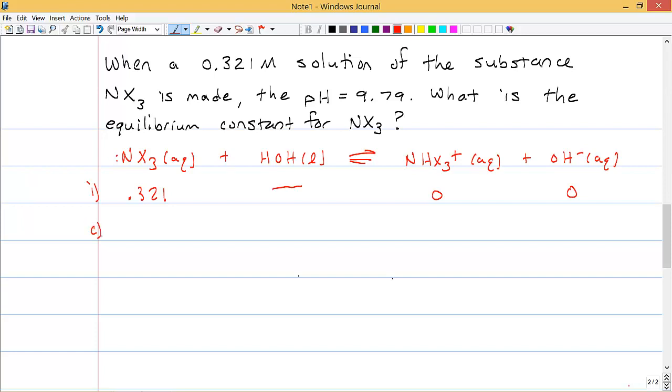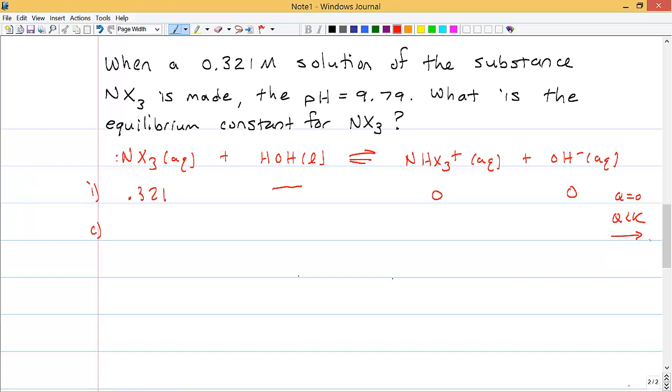So when we look at this, the change is going to have to be dictated by thinking, well, heck, the Q is equal to 0. And no matter what the K is, Q is less than K, because 0 is less than whatever the equilibrium constant. So we're going to have to shift to the right. There's no way you can shift to the left anyways, because there's no NX3 and NHX3 plus to react.